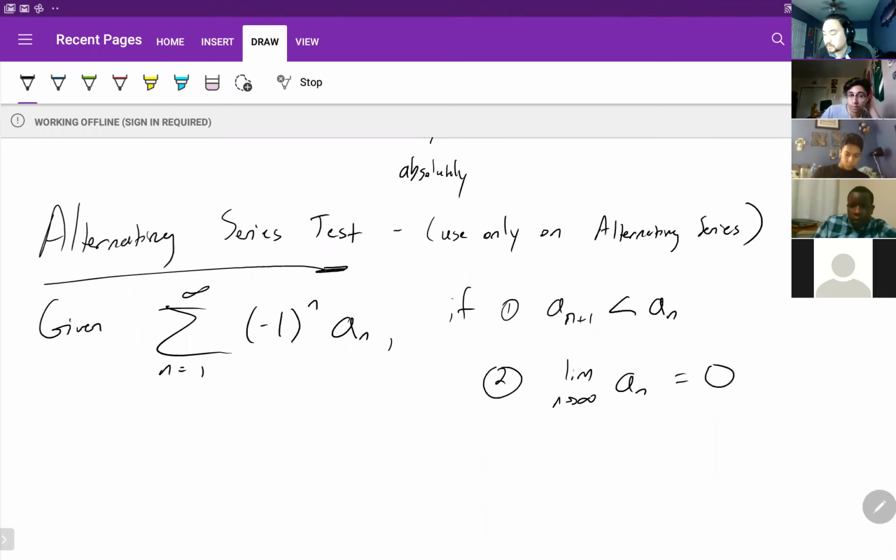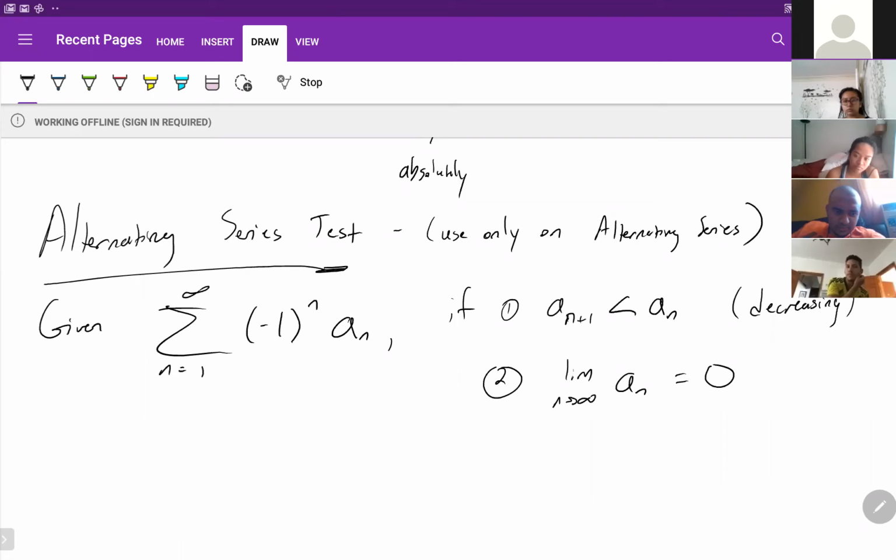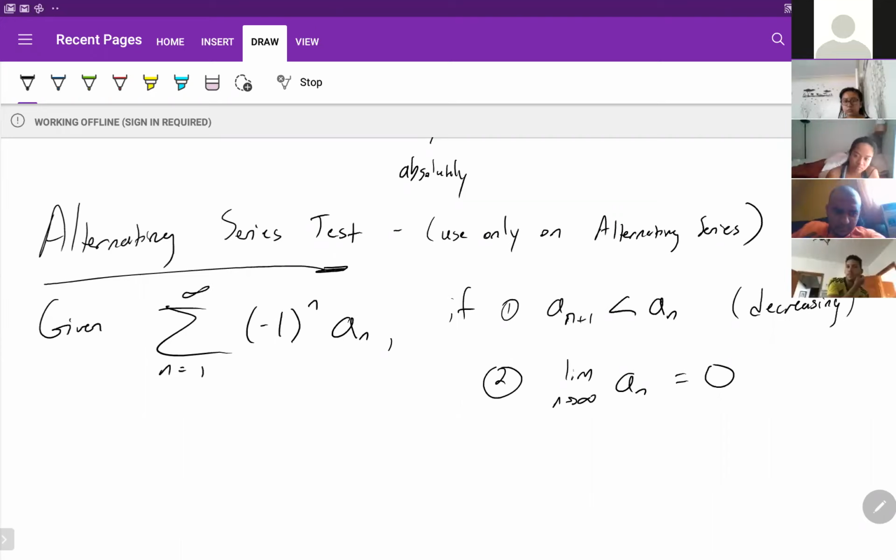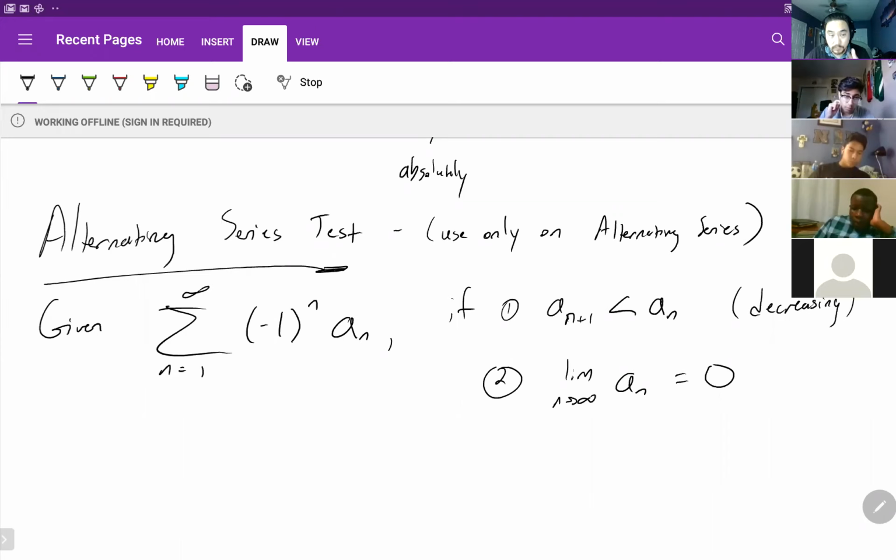So what is the first part saying? It's saying if it's decreasing. If the fifth term is smaller than the fourth term, is smaller than the third term, is smaller than the second term, and so on and so forth, right? So if the terms are decreasing and the limit of the sequence, not the series, is going to 0. Still with me?